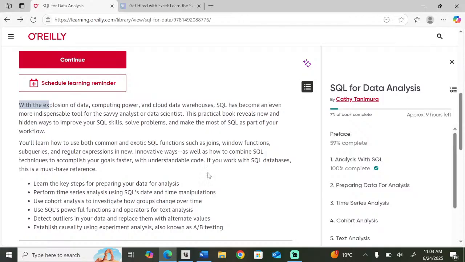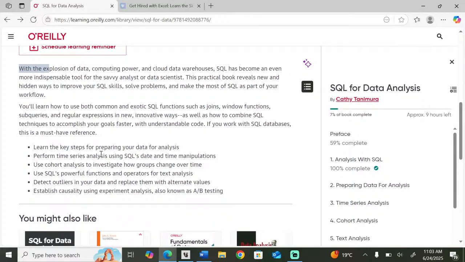If you work with SQL databases, this is a must-have. Learn the key steps for preparing your data for analysis. Perform time series analysis using SQL's date and time manipulations. Use cohort analysis to investigate how groups change over time. Use SQL's powerful functions and operations for text analysis. Detect outliers in data and replace them with alternative values. Establish causality using experiment analysis, also known as A/B testing. That is what it says.